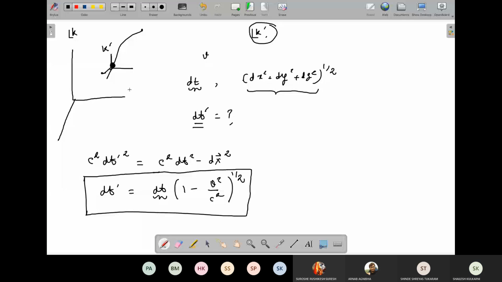Clear? You can see that since v is always less than c, considering material particles moving with velocity less than c, and obviously that is the limit, dt prime is always less than dt.